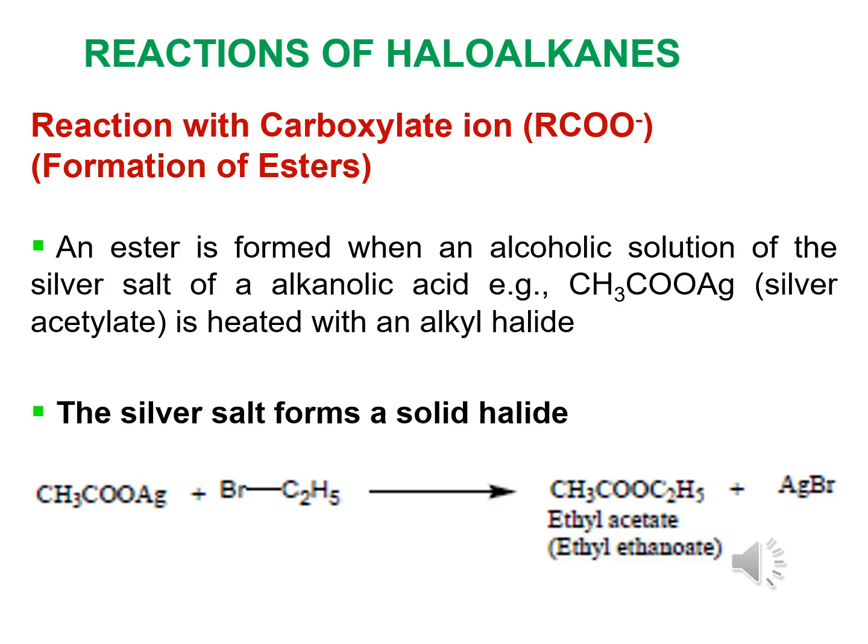Remember, in an ester we have a carboxylate end and an alkyl end. This alkyl end is not coming from alcohol, it's coming from the alkyl halide. So that's why we're going to have ethyl ethanoate, because the acid is ethanoic acid. So we're going to have ethyl ethanoate as our ester.